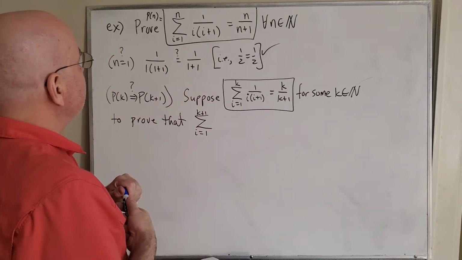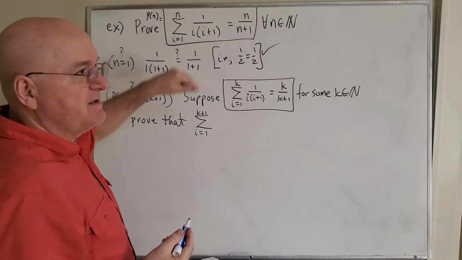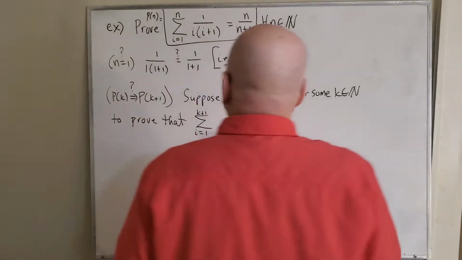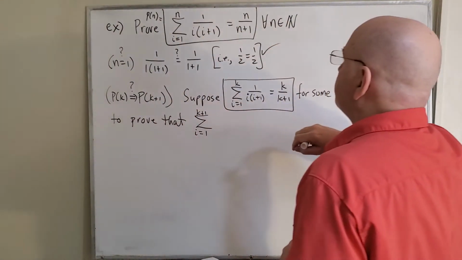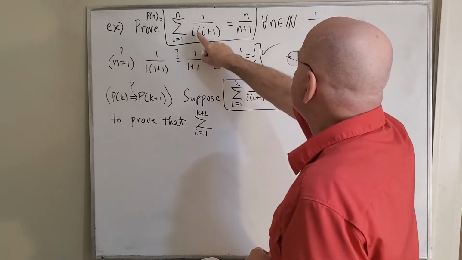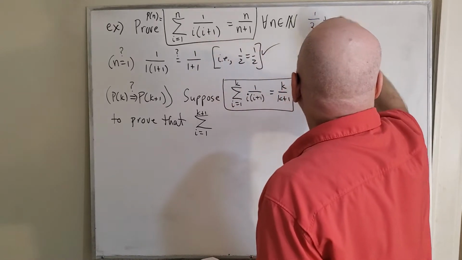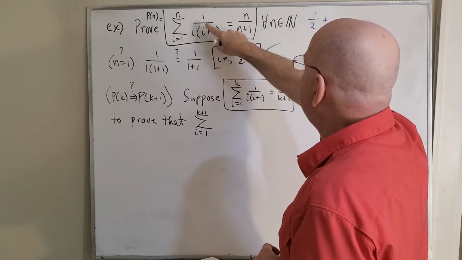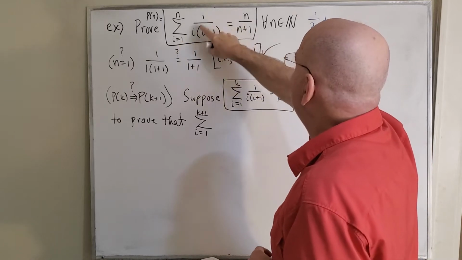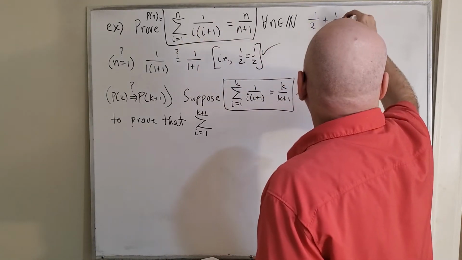And just for practice, let's make sure we can write this out without using the summation symbol. When i is equal to 1, this would be 1 over 1 times 1 plus 1. So when i is 1, you get 1/2. When i is 2, you get 1 over 2 times 3, which is 1/6.